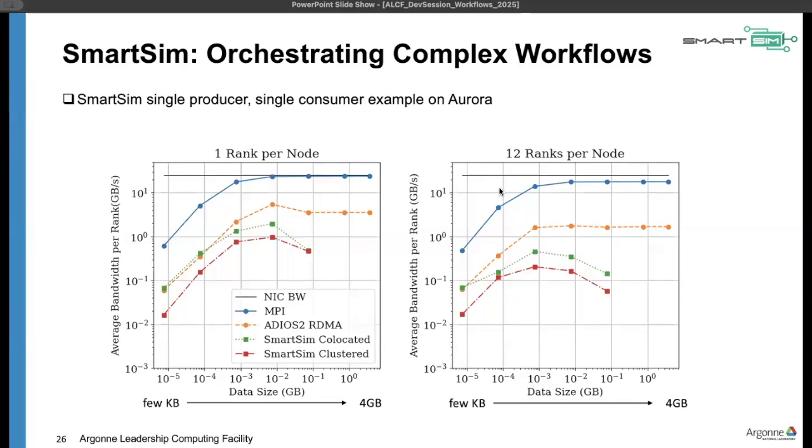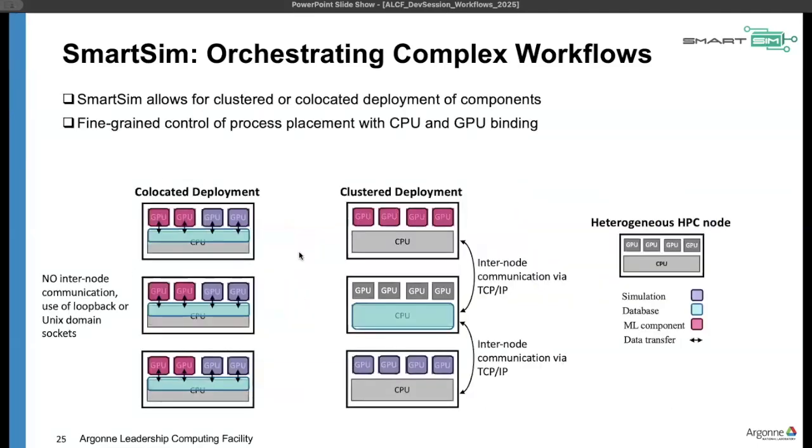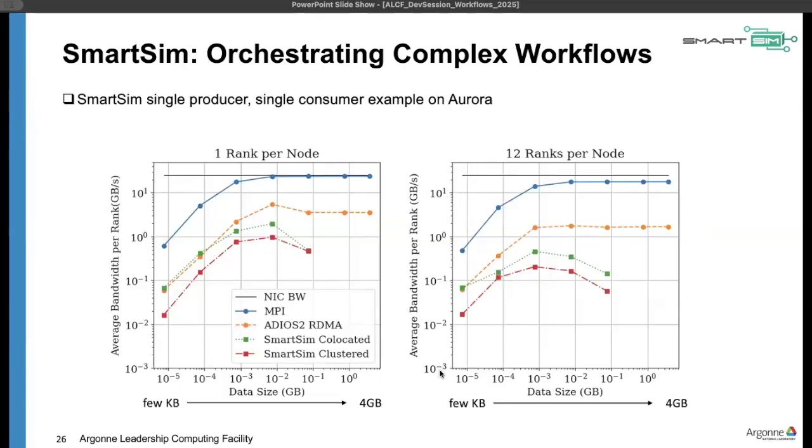That becomes especially apparent with this single minimal reproducer example that we can produce with some of these workflow tools, which for the co-located case is effectively 2 nodes of this diagram here. And for the clustered case is exactly this diagram here, where the database, the consumer or ML component, and the simulation producer are all on separate nodes.